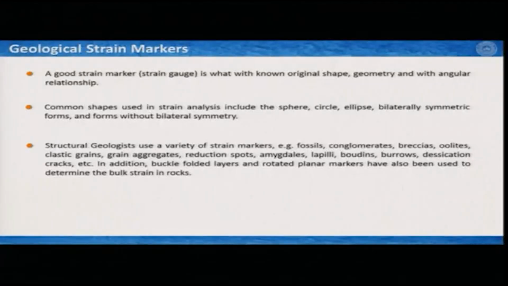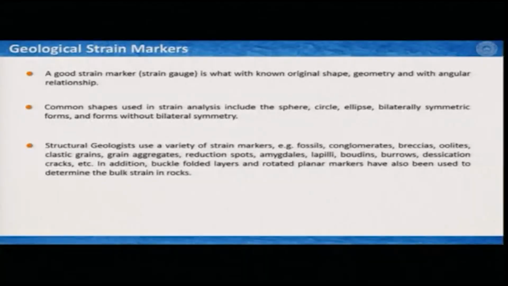So you need some sort of markers or strain gauge that gives you the idea of the original shape, and now what we see in the field is your deformed shape. So you need to know the geometry and some angular relationships of the object you are looking at, which was initially in a different shape, and therefore you figure out that your rock is deformed.